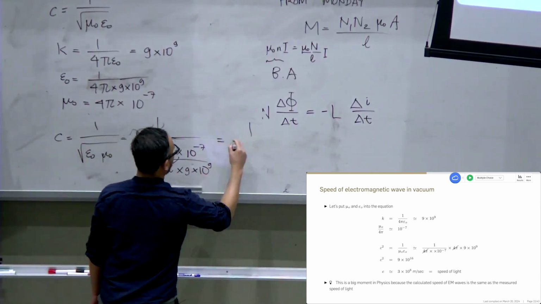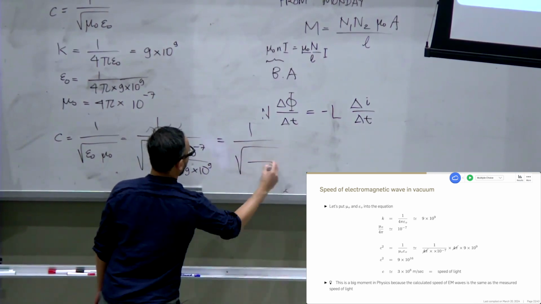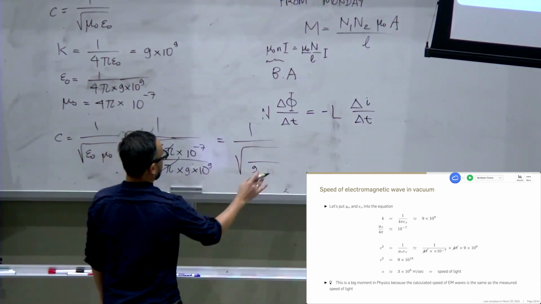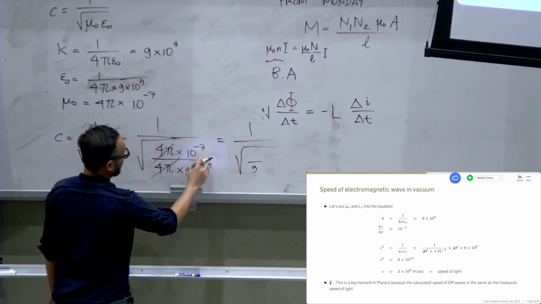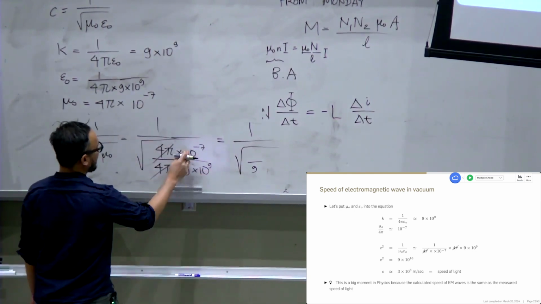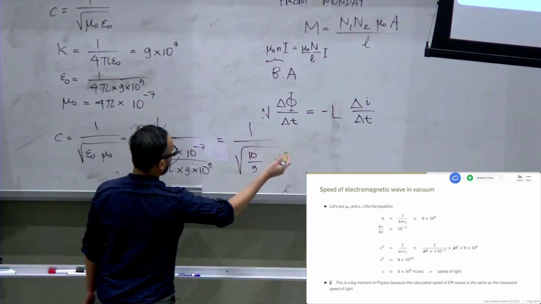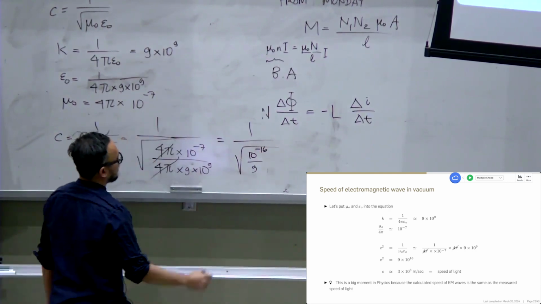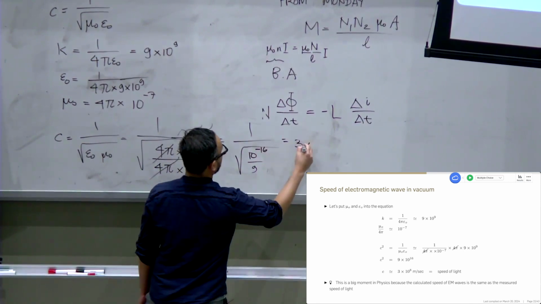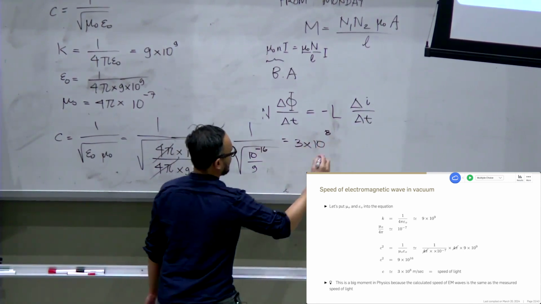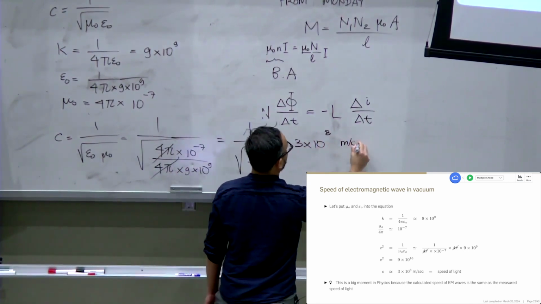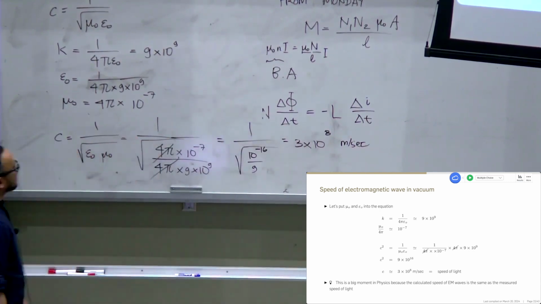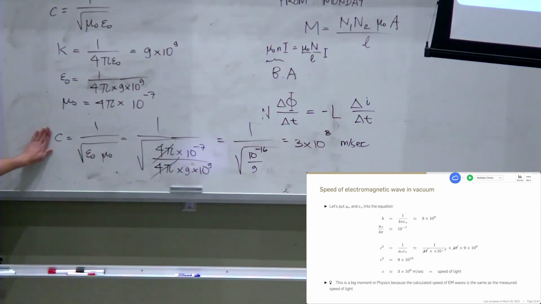This is 1 over the square root of 9, and then 10 to the minus 7 minus 9 is minus 16. And this is equal to 3 times 10 to the 8th.